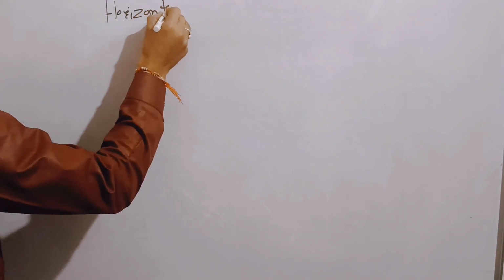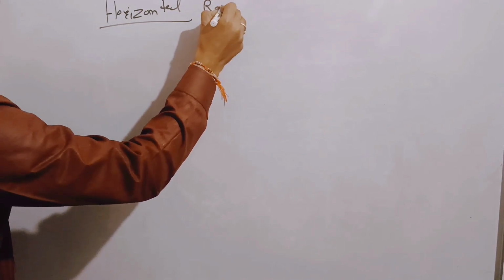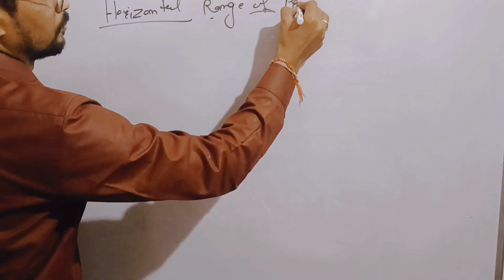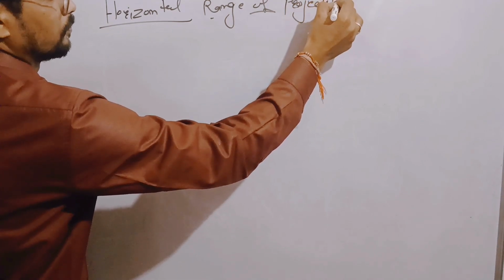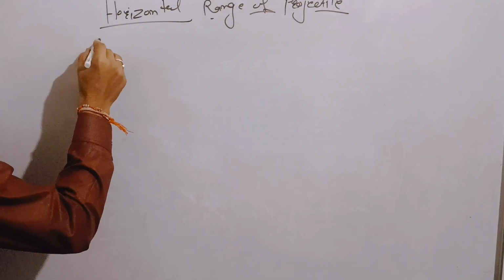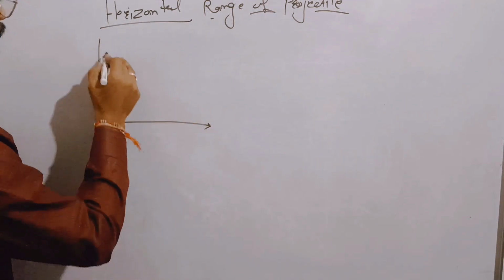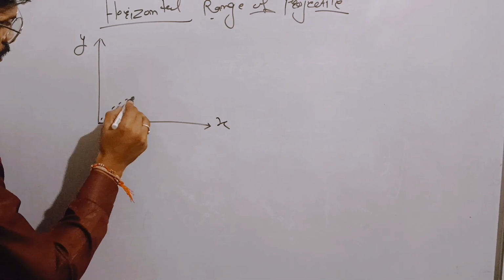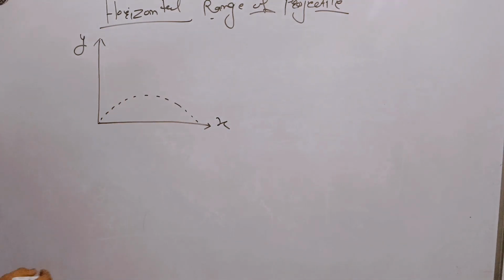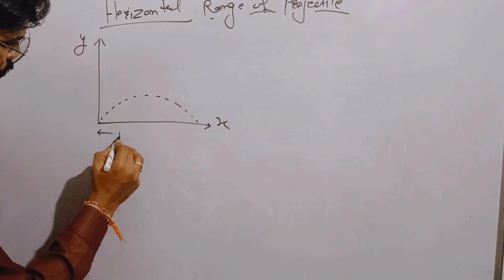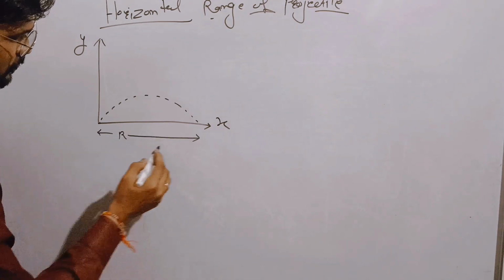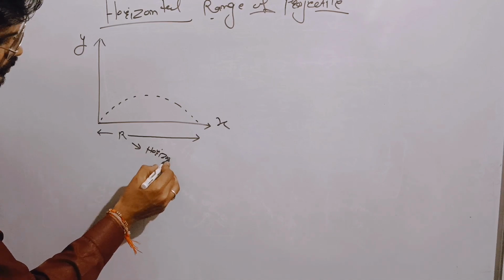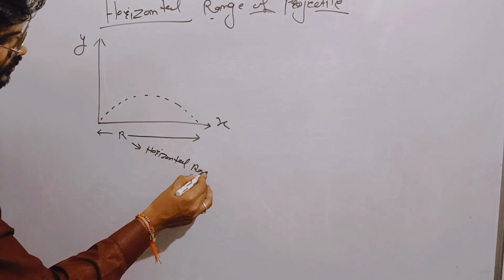Horizontal range of projectile motion. This is the xy plane. This is the object going in projectile motion. This is the projectile path. This is the range for the object in projectile motion, the horizontal range.